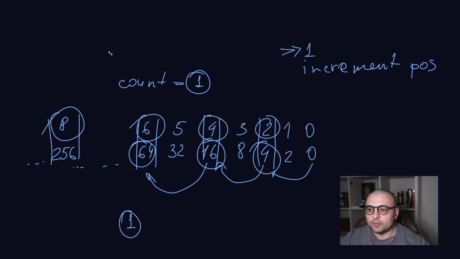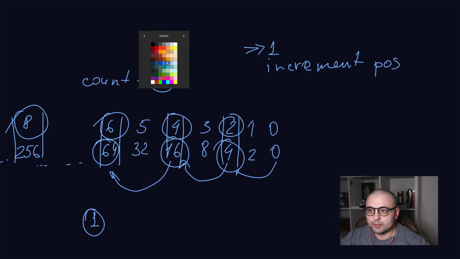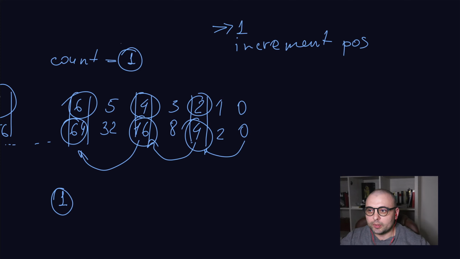So the algorithm which I'm suggesting is counting the bits, checking if it's 1. If it's 1, then we go to the next stage: we shift right 1 bit at a time until we find the last bit being 1.